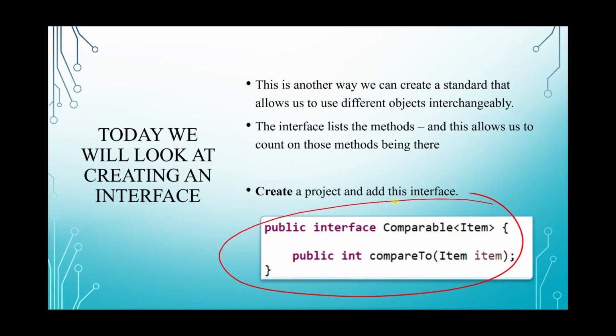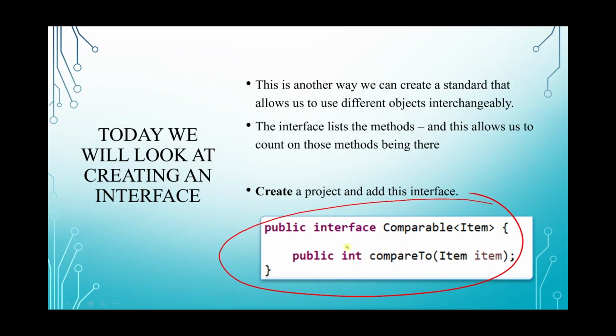The interface lists the methods, and those methods have to be implemented in a class that implements that interface. This allows us to count on these methods being there. Okay, so create a project and add this interface.